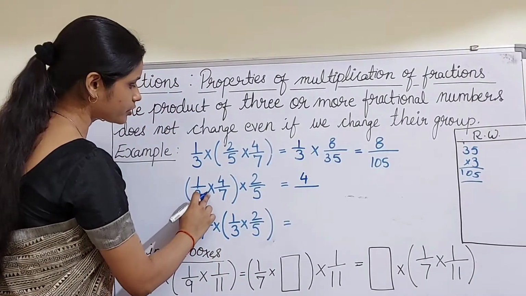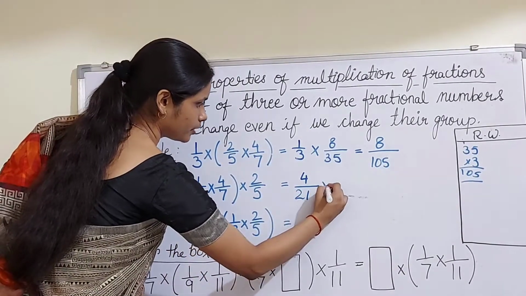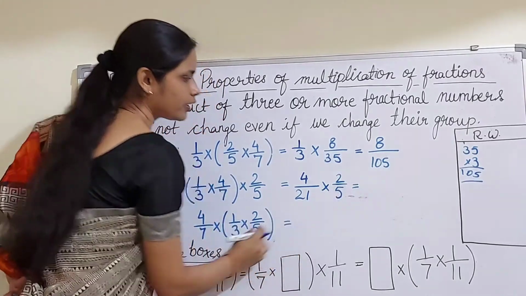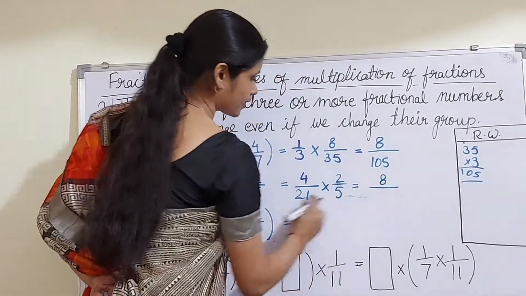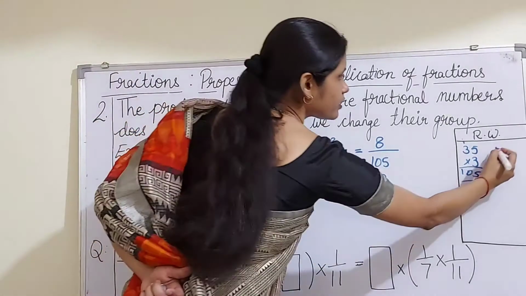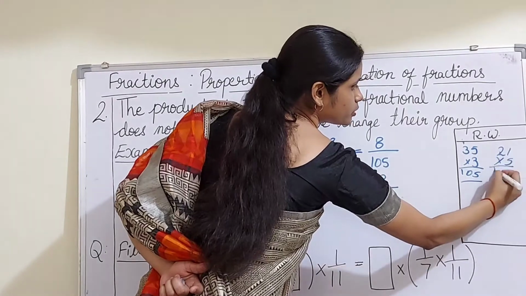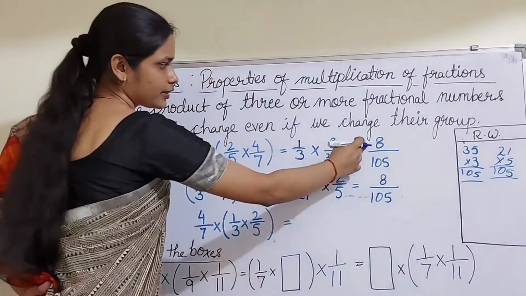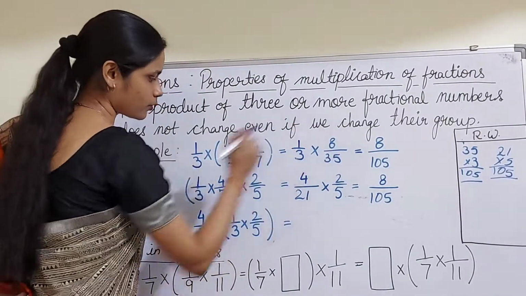In the denominator we have 3 multiplied by 7, 3 7s are 21. Now multiplied by 2 by 5: in the numerator 4 multiplied by 2 is 8, and 21 multiplied by 5 in the denominator, that is 5 1s are 5, 5 2s are 10, so 105. Now see, this time again we have got the same product.